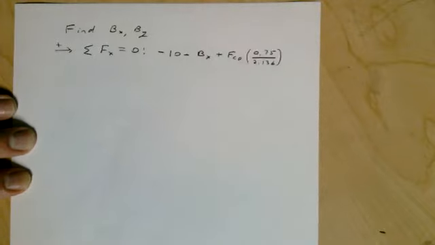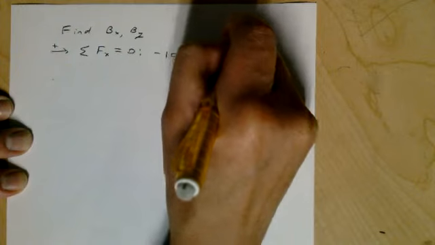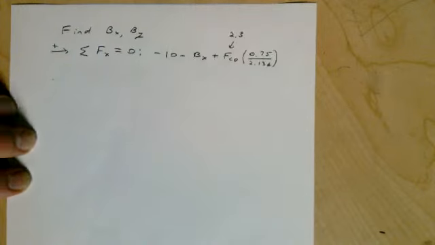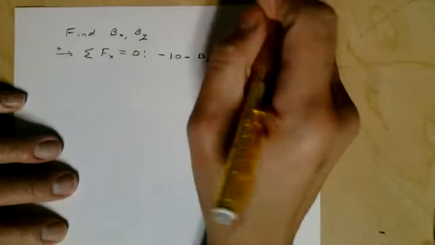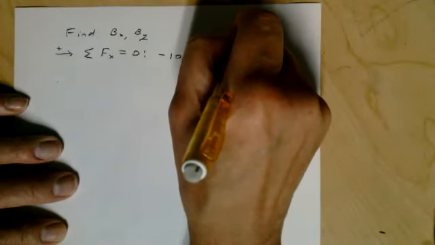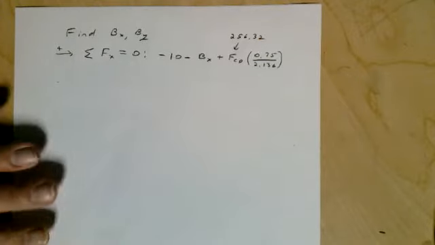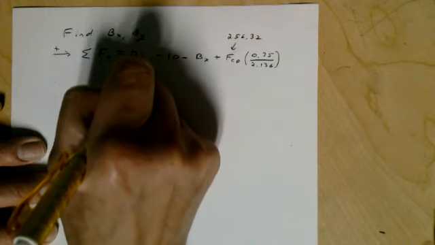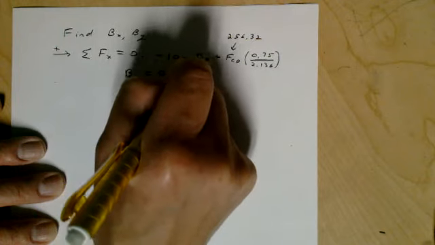But we already calculated, we know that this is 256.32. So once again, you put everything into your calculator, you'll get BX is equal to 80.